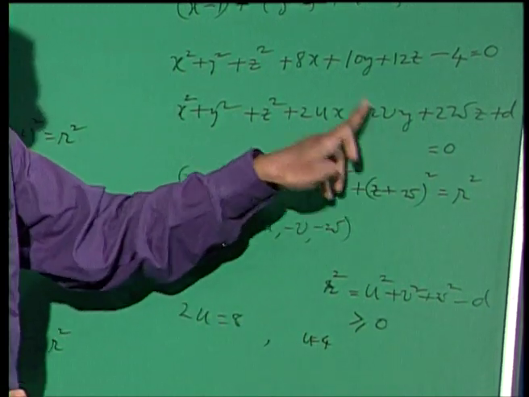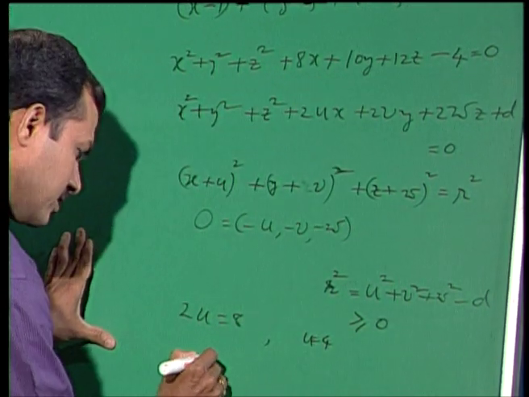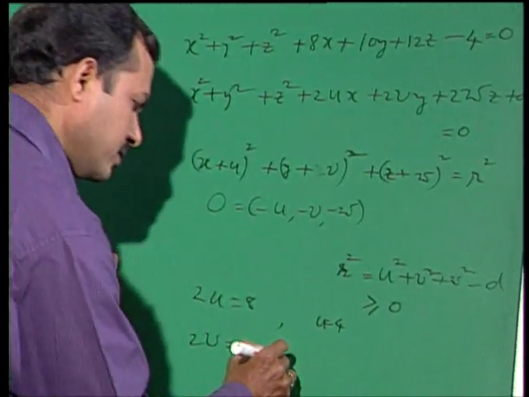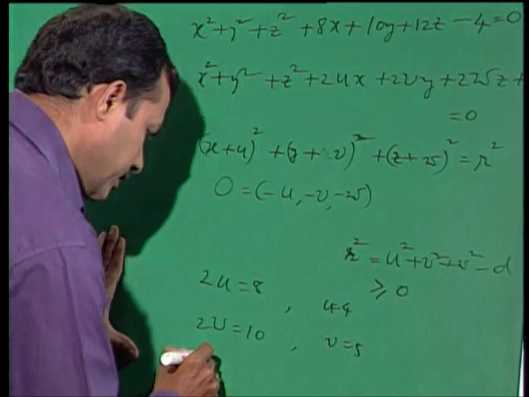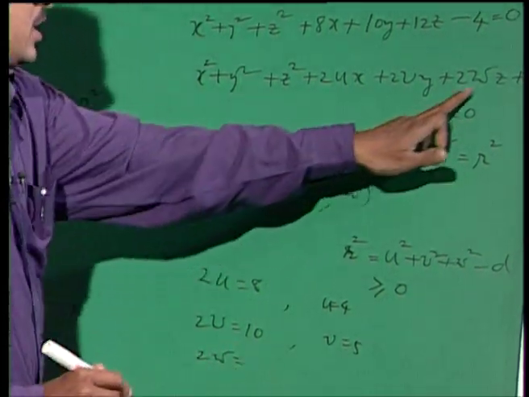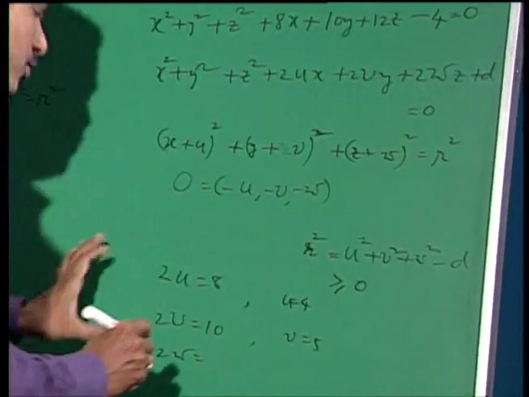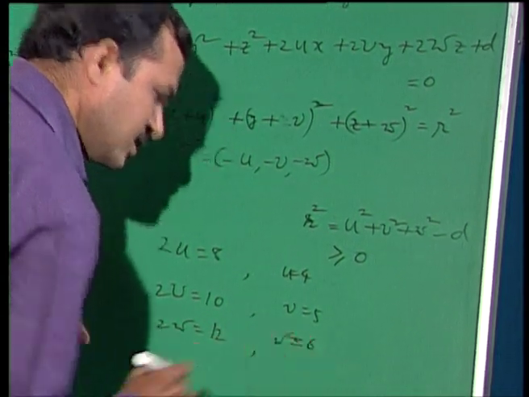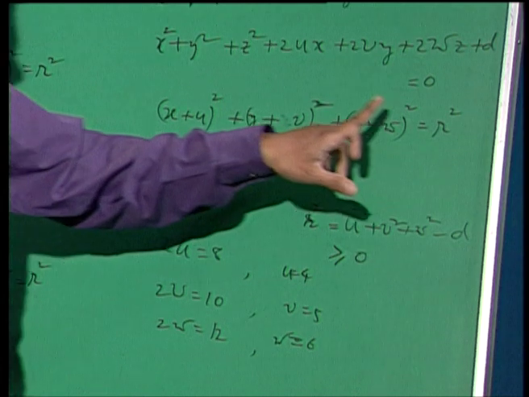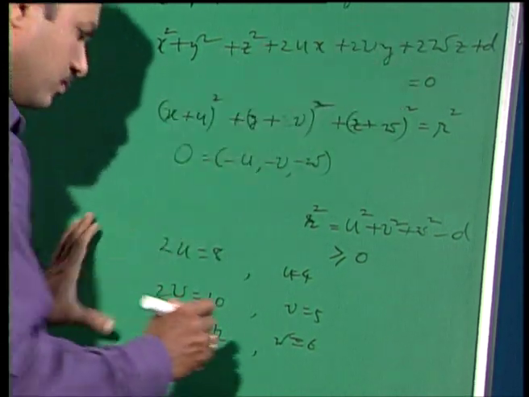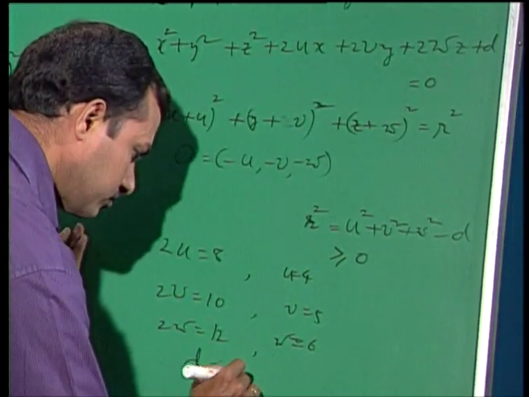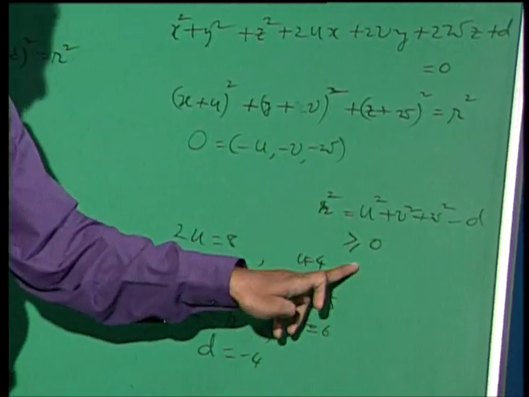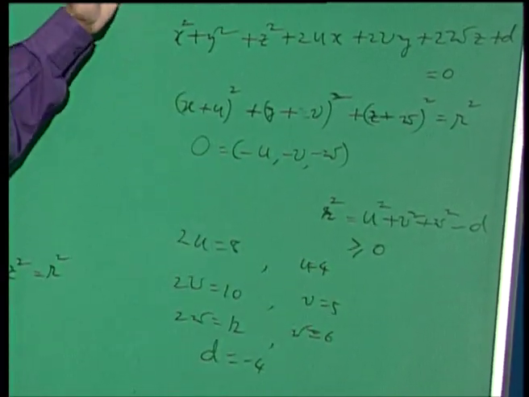Similarly, 2vy is 10y, therefore 2v is 10, which means v is 5, and 2wz is 12z, which means w is 6, and d is minus 4. If this condition is true, then this can represent a sphere.